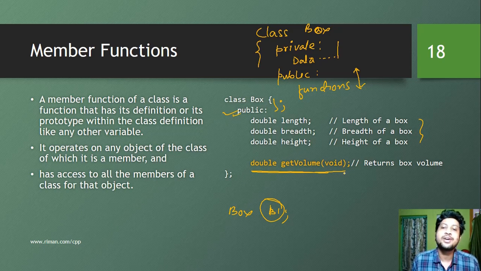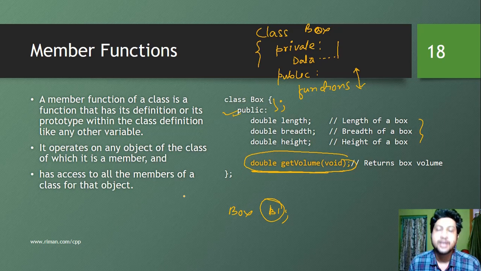Either we can define these functions within the class, that means we write the function definition as well as the prototype, or we can only specify the function prototype. These member functions are no different from ordinary functions. The ordinary functions also have the same structure.